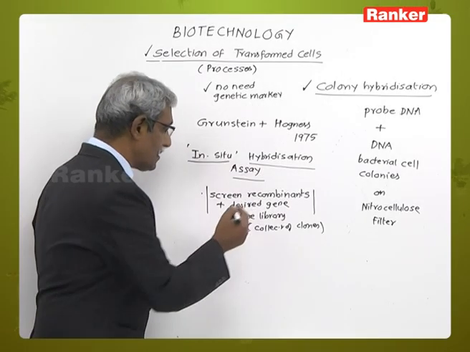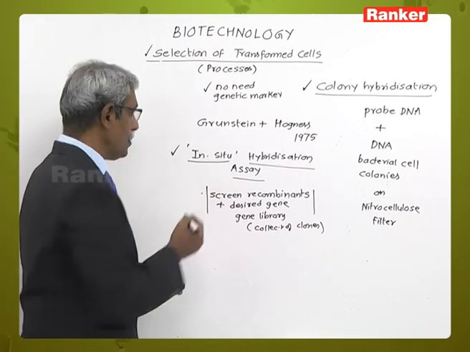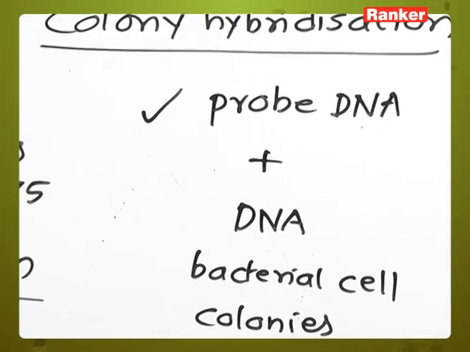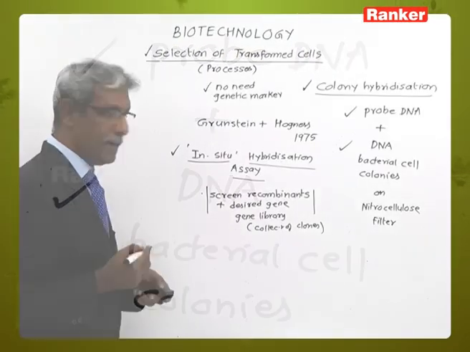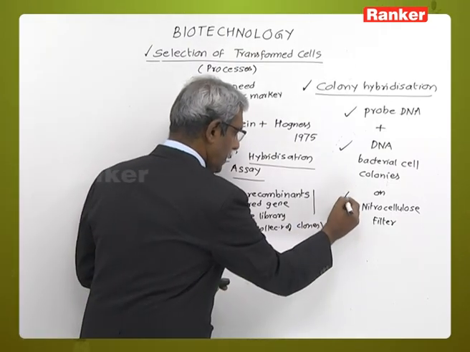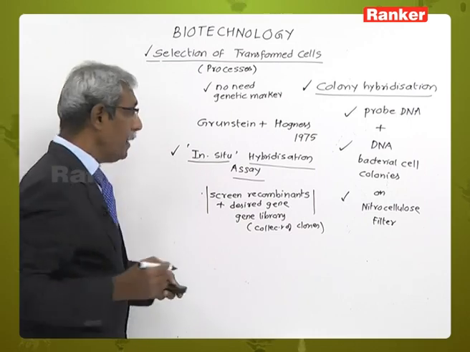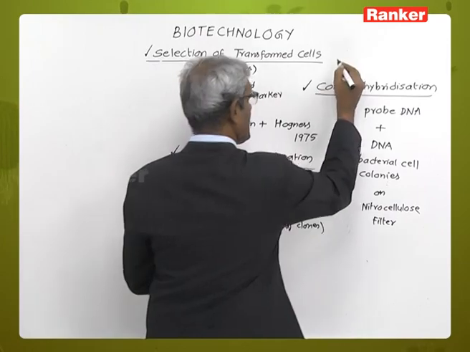When you do screening and select your desired gene, you can practice in situ hybridization technique. In situ hybridization technique, you are only sending a small probe. The probe will anneal along with the bacterial DNA colonies, and it is seen on a nitrocellulose filter, and there is no genetic marker. So, when you say colony hybridization, it is more of a screening technique.